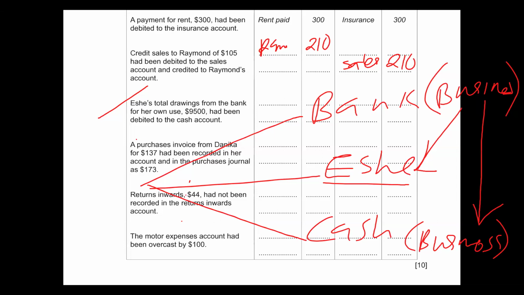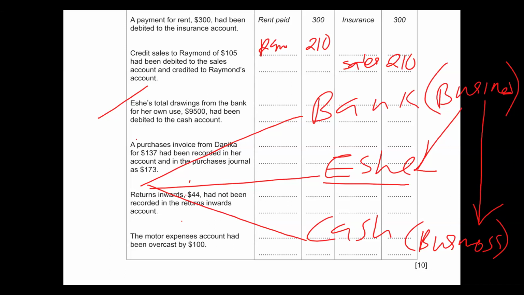The cash account does not belong to an individual. It belongs to the business. So in this case, you withdrew money from the bank, but instead of debiting the drawings, you debited the cash account.